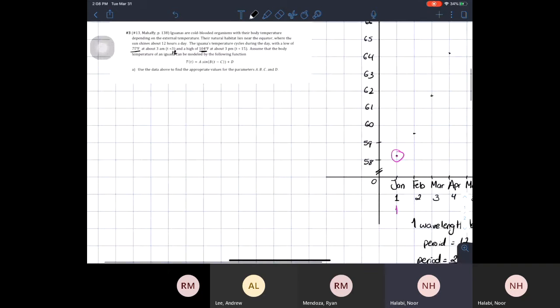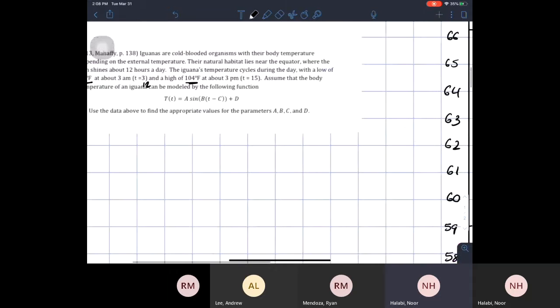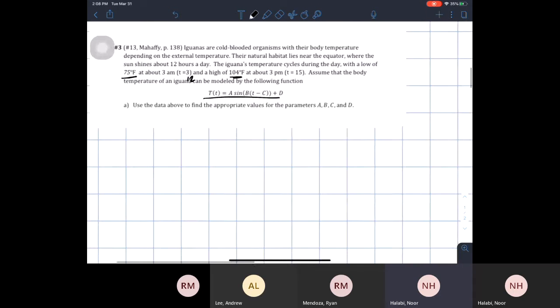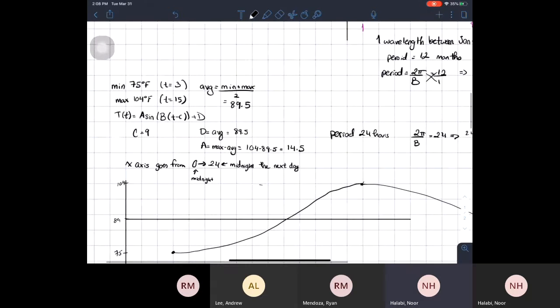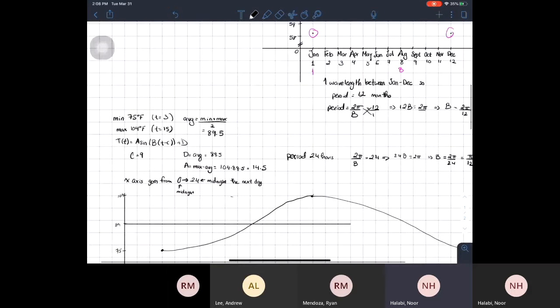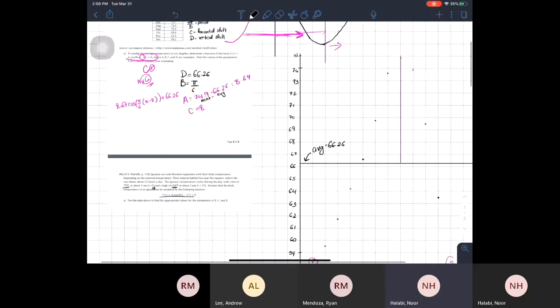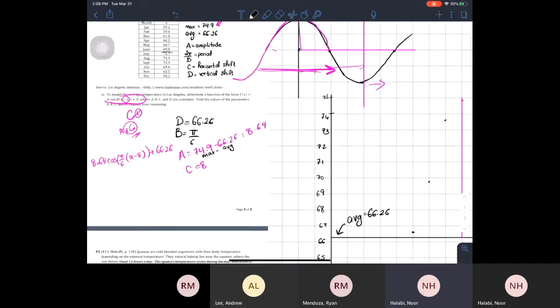Assume that the body temperature of the iguana is modeled by the following formula, and then we just need to figure out the constants A, B, C, and D, just like the last problem. I inferred patterns from the last problem, and I discovered that D is equal to the average, because this is the axis the sine or cosine function oscillates about.